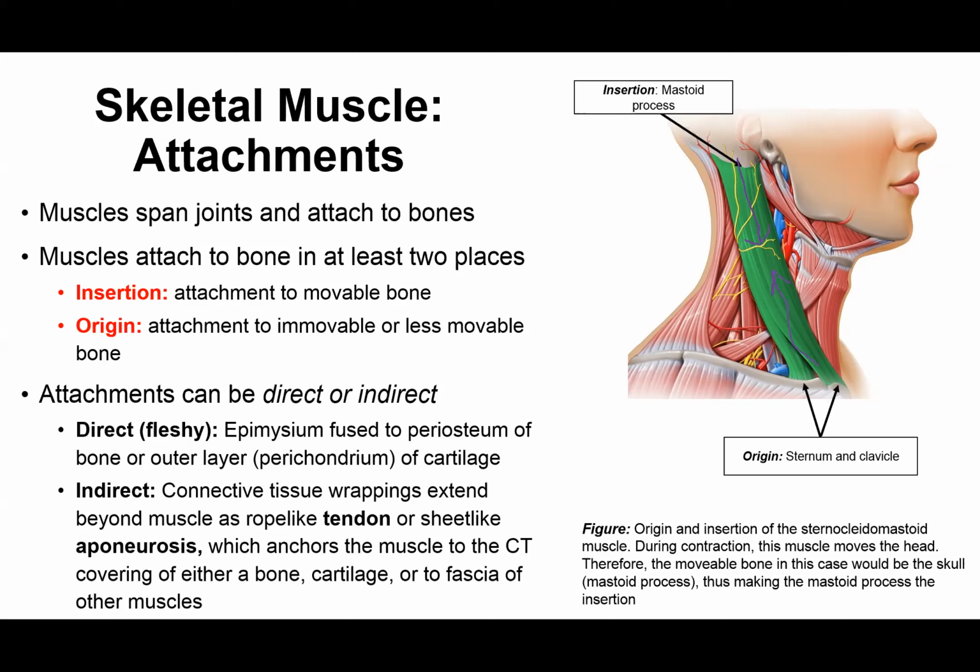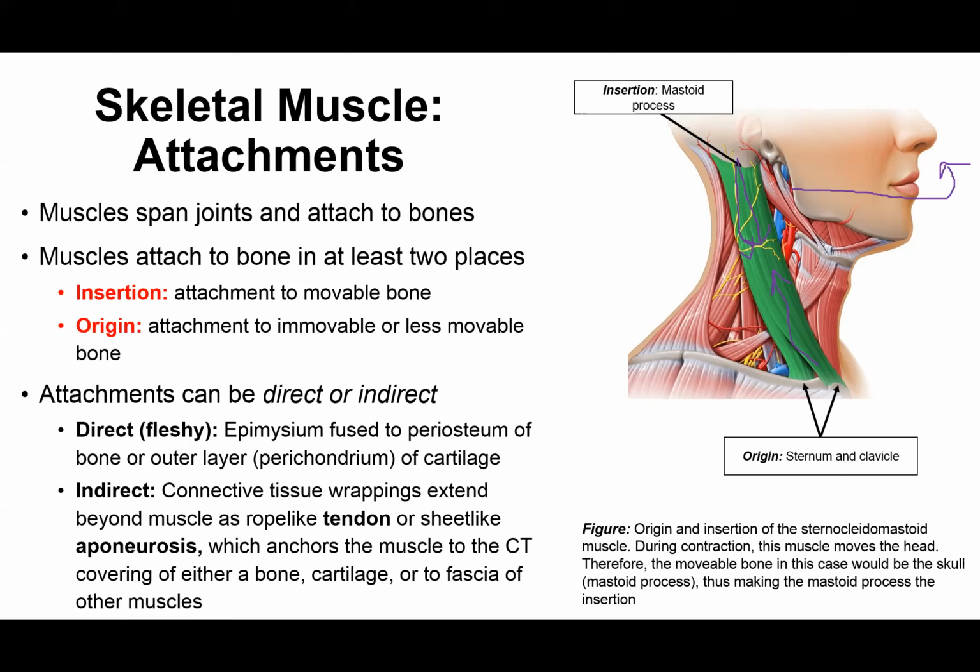It's going to pull our head and turn it that way. So hopefully you can kind of envision why that would happen. And if you can't envision it, I encourage you to go ahead and put your hand on your sternocleidomastoid, allow it to contract, and see the movement that's occurring. Okay?